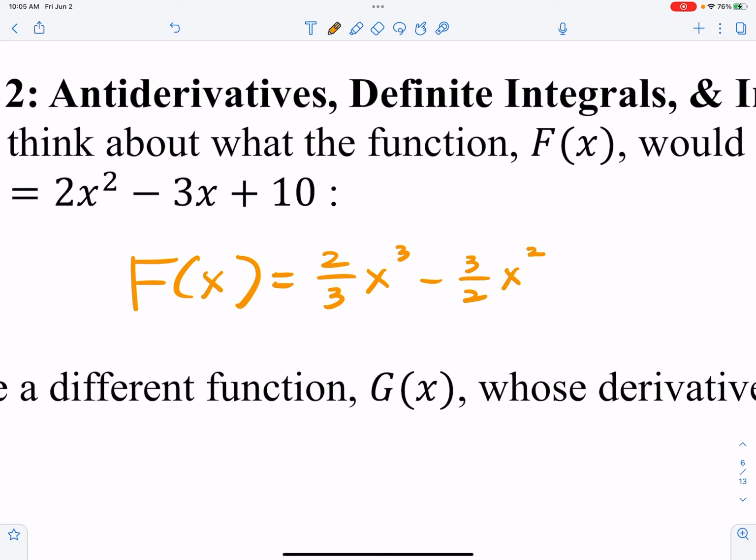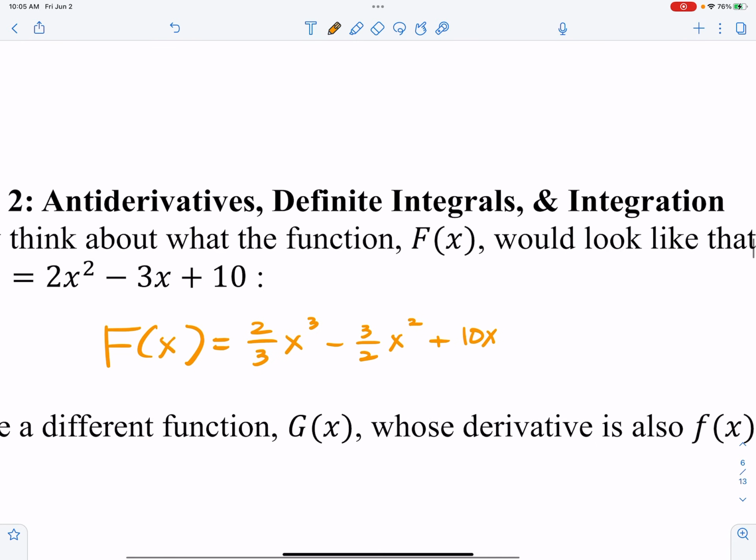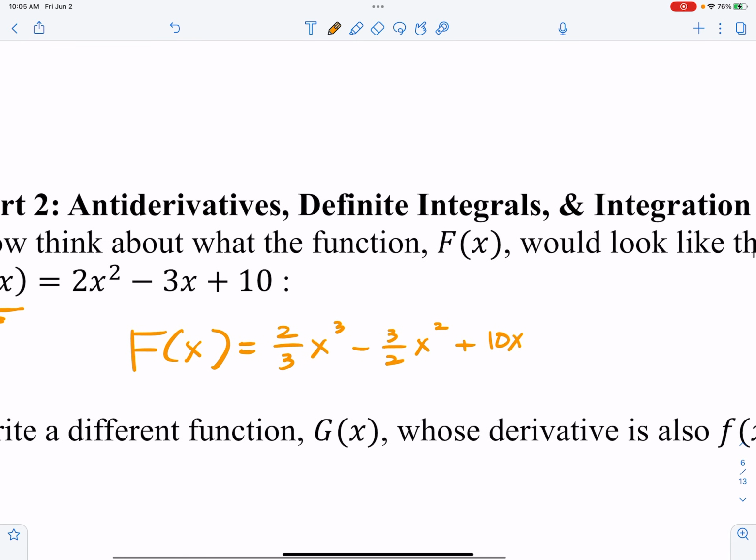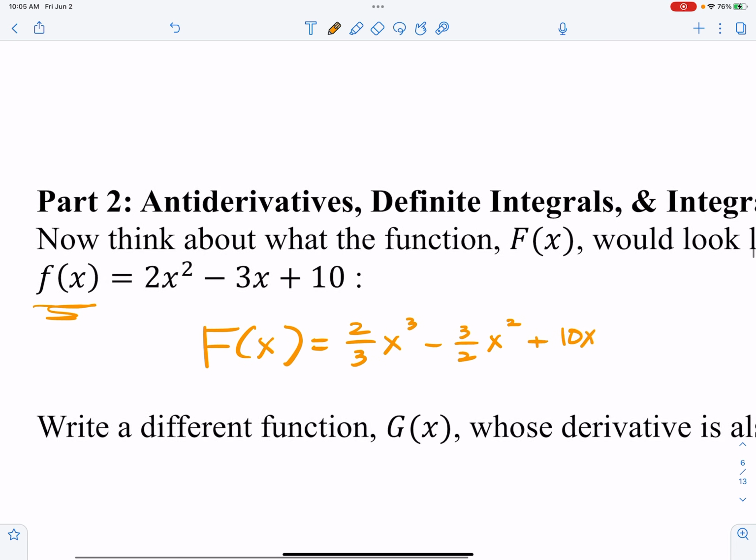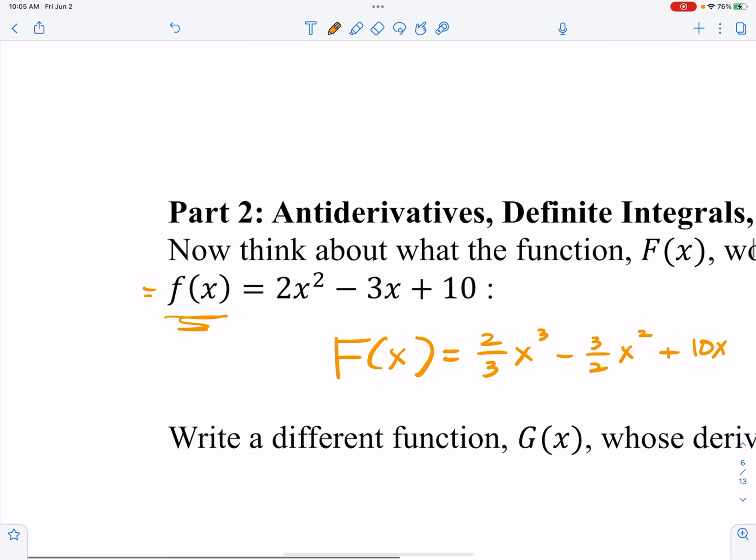You can double check that by thinking about taking the derivative of minus 3/2 x squared. And then to get 10 as the derivative, that would be 10x as the original term. So this could be capital F of x, whose derivative would be lowercase f of x, right? So we're saying that this would be equal to capital F prime of x.